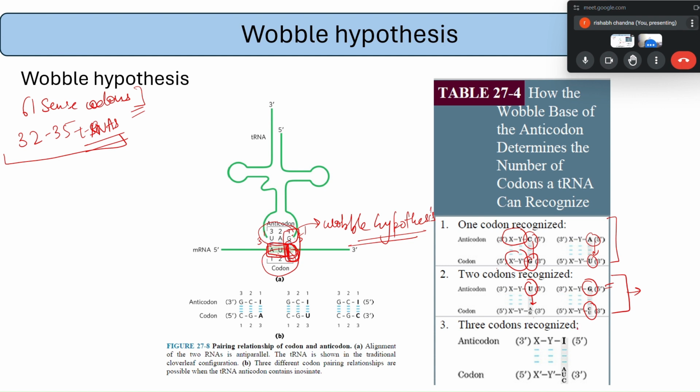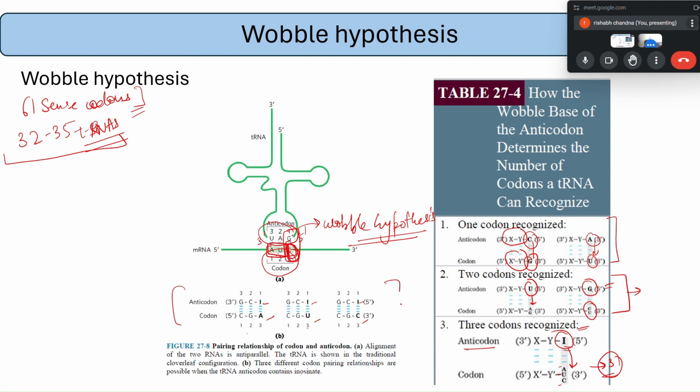Now, how can three codons be recognized? There is a base that is inosine. During the production of adenine, we have seen inosine also. So, when inosine is present in the anticodon loop of the tRNA, it can recognize three bases, that is A, U, and C. So here only one tRNA can recognize three codons.